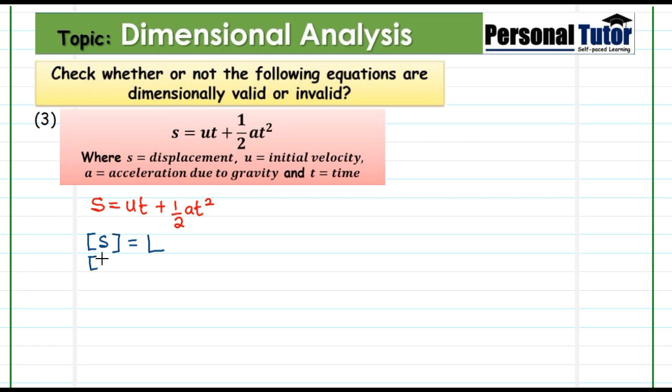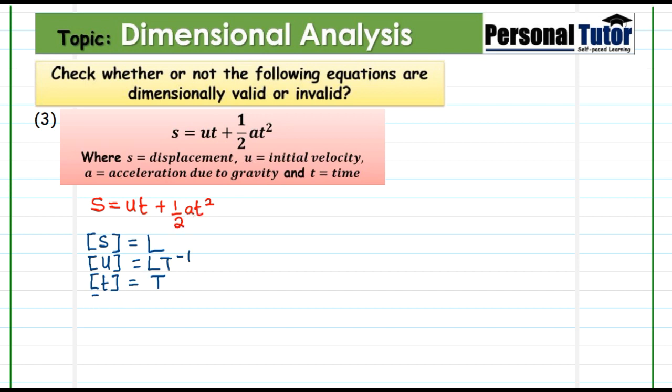Secondly, the U, called the initial velocity, is LT negative 1. This T is a capital T in terms of dimensional equation.